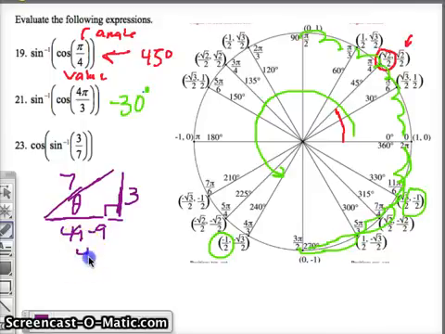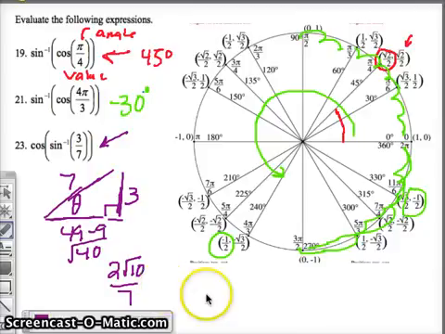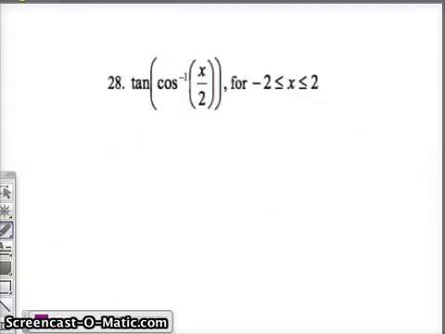So that's going to be 40, square root of 40. So cosine is going to be radical 40 over 7. Radical 40 is 2 radical 10. 2 radical 10 over 7. Now, folks, you could actually plug that in your calculator and get the equivalent there, so keep that in mind. I don't suggest that shortcut, but I do want to let you know that's available.